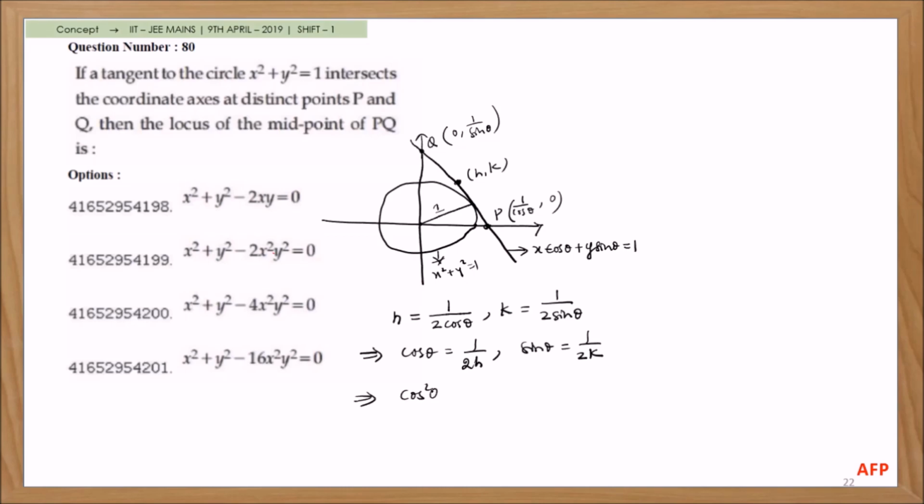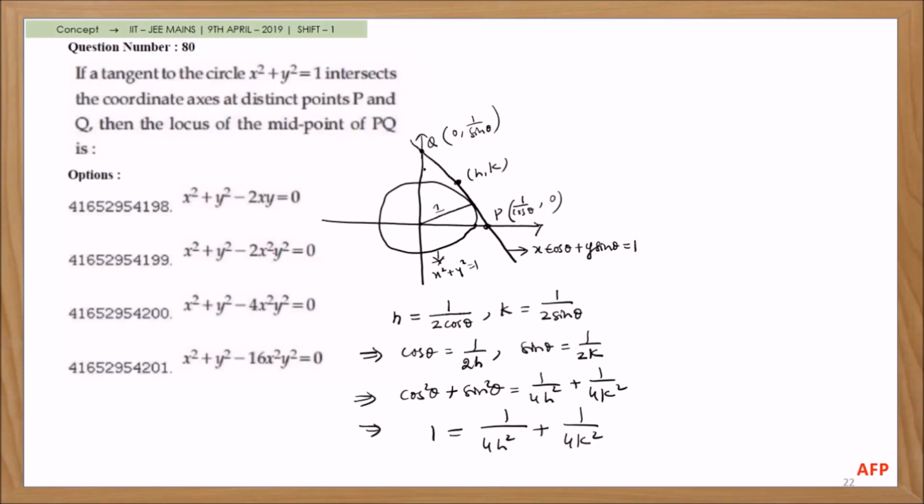Squaring and adding, cos square theta plus sin square theta is equal to 1 divided by 4h square plus 1 divided by 4k square. So it is nothing but 1 is equal to 1 divided by 4h square plus 1 divided by 4k square.